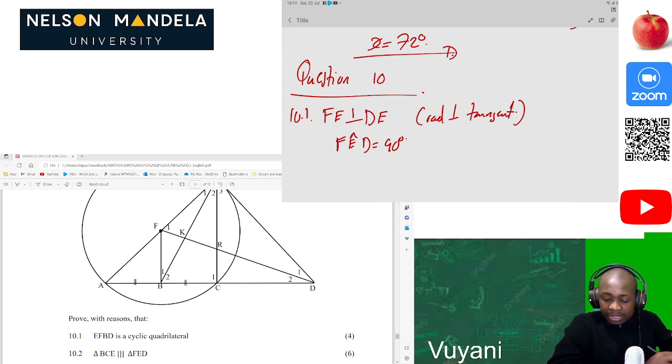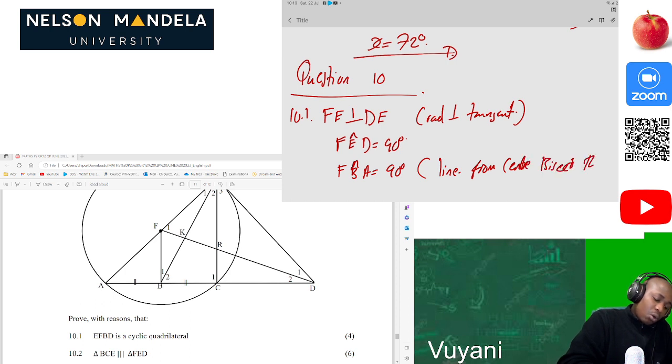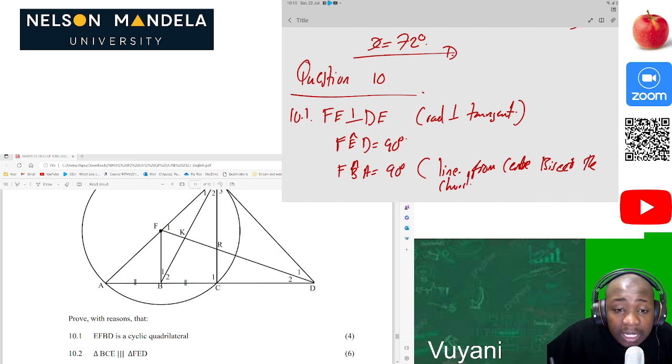Then also, which means that angle A is equal to 90 degrees again, but this one is because a line from the center bisects the chord. As you can see that those two lines there are equal to each other. AB is equal to BC. So with that being said, that gives us a go ahead to say that a line from the center, which is from F, bisects the chord, so that's also 90 degrees.